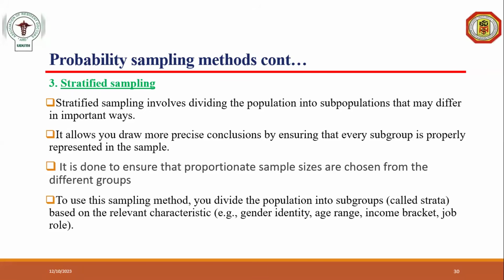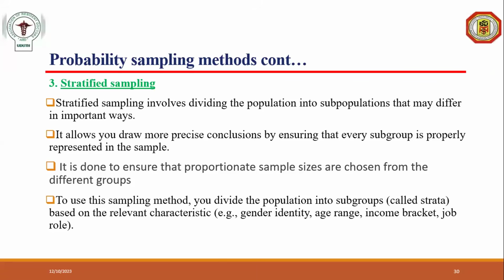So from there, you now use another method of sample selection to select from each of the cadres. For example, we say we want to select 25 from doctors. Here you can apply either systematic random sampling or simple random sampling to select 25 doctors.